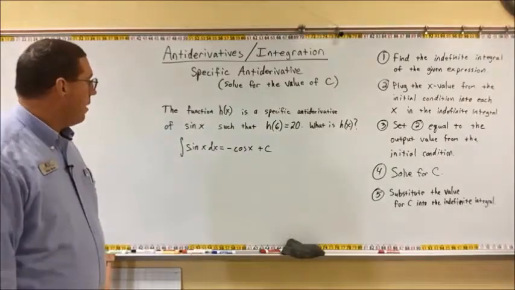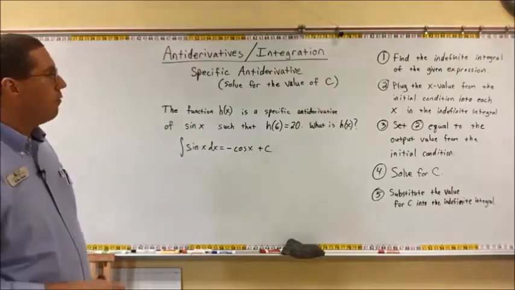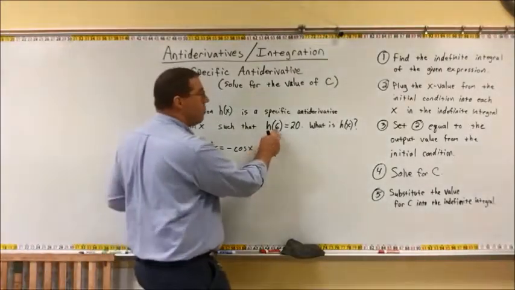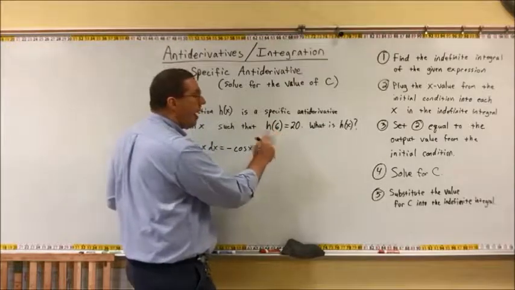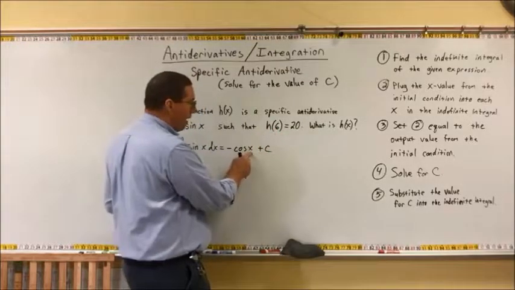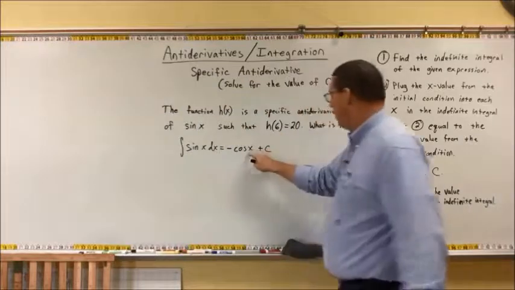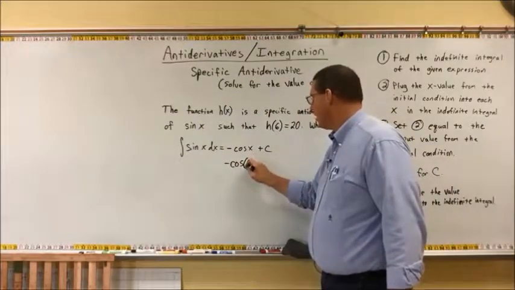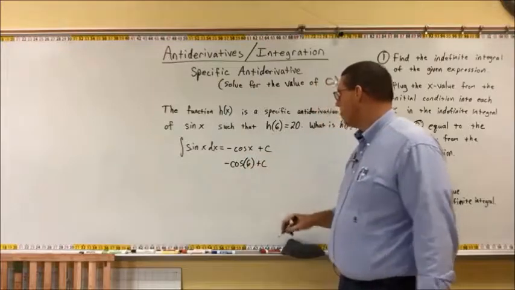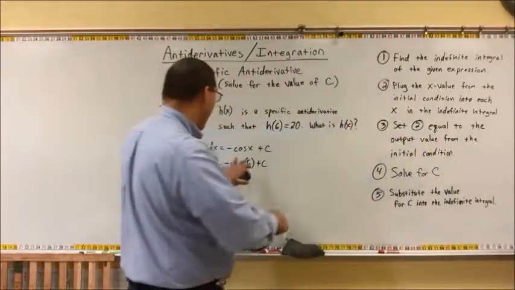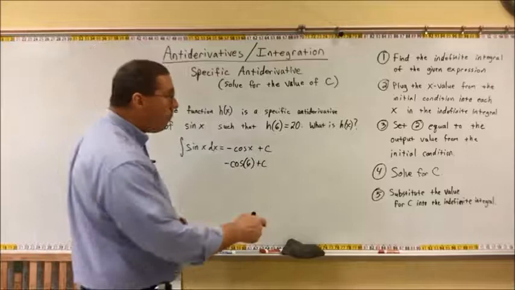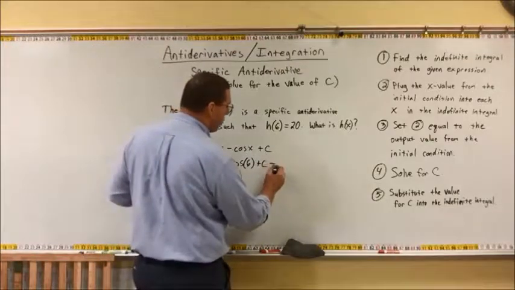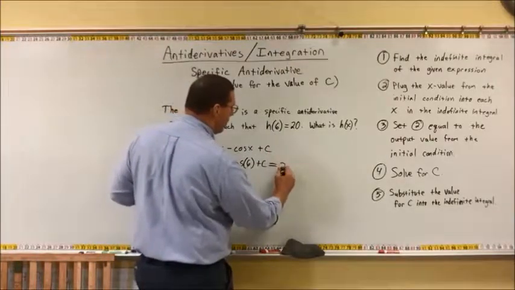Okay? And now, step 2, plug the x value from the initial condition, that's a 6, into each x in the indefinite integral. I only have one x, so I'm going to put a 6 in for x here. So I get negative cosine of 6 plus c. And then step 3 says set that equal to the output value from the initial condition. So equals 20.